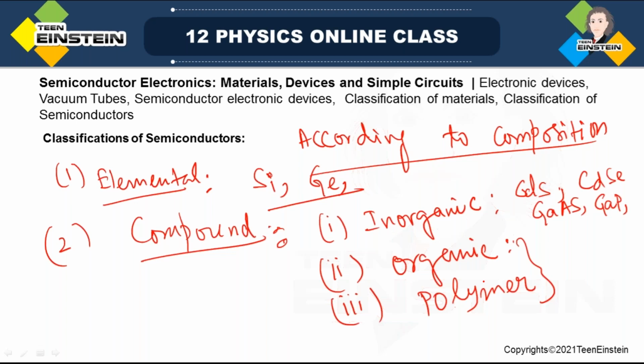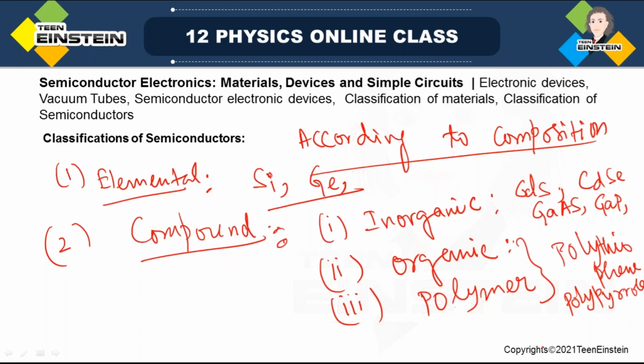You can have polythiophene, then polypyrrole, etc. So these are compound semiconductors in organic polymers.